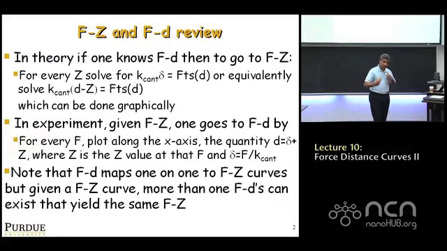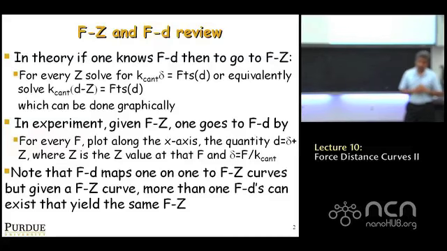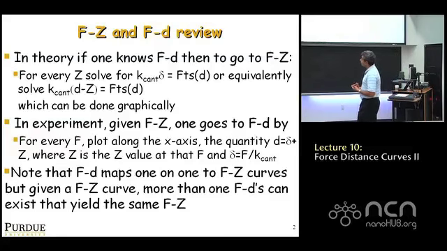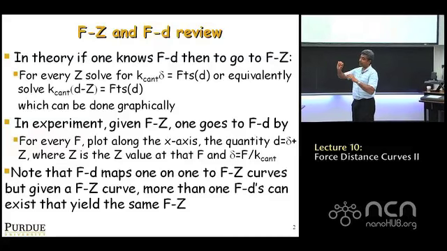So we talked about 2 things. One, in theory, for example using the things that Professor Raffenberger has talked about, let's say you know F versus d. Then we talked in the last class about how you would convert the F versus d to F versus Z. The process basically involves a simple force balance. If you make a free body diagram of the tip, you've got a restoring force pulling it up, which is cantilever stiffness times delta.